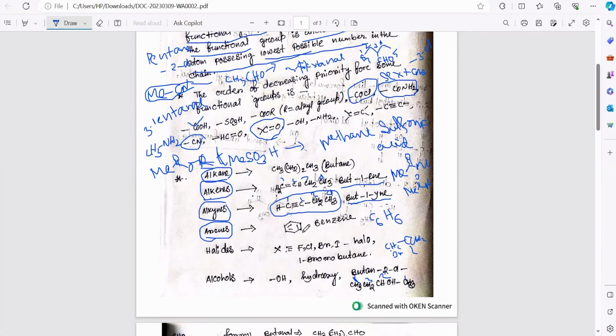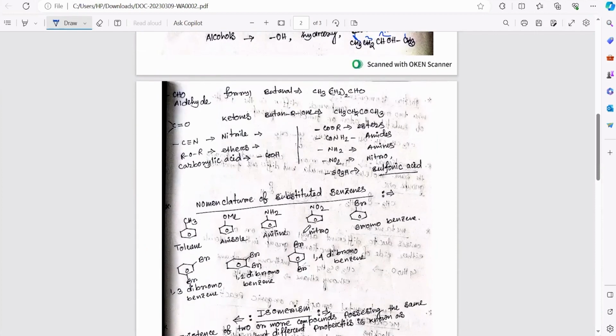CHO is the aldehyde, and formyl, butanol, like pentanol, we have also discussed. Here I have written everything. COOR means ester. CONH2 goes to amides. NH2 means amines. NO2 means nitro group. SO3H means sulfonic acid group.